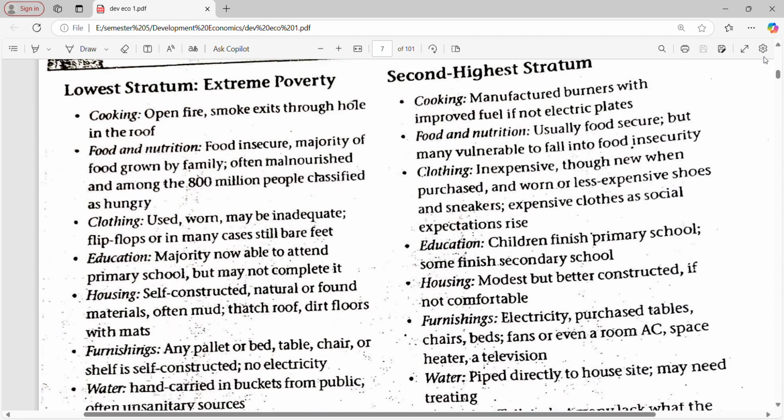Then we have the second highest stratum. This is considered solidly middle income globally. It comprises families living on around $15 per day. More than 2 billion people belong to this group, primarily urban dwellers.